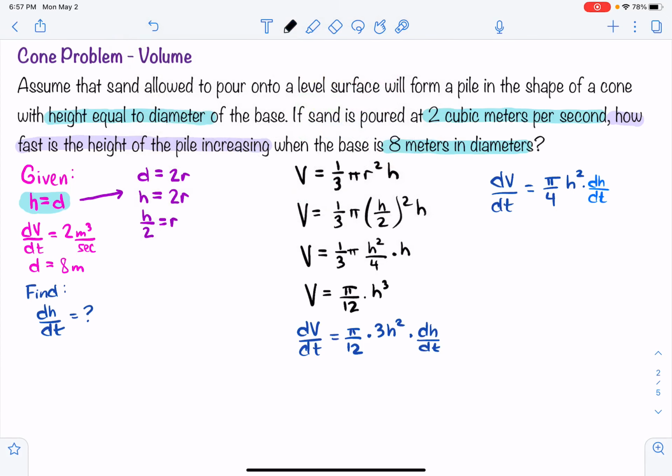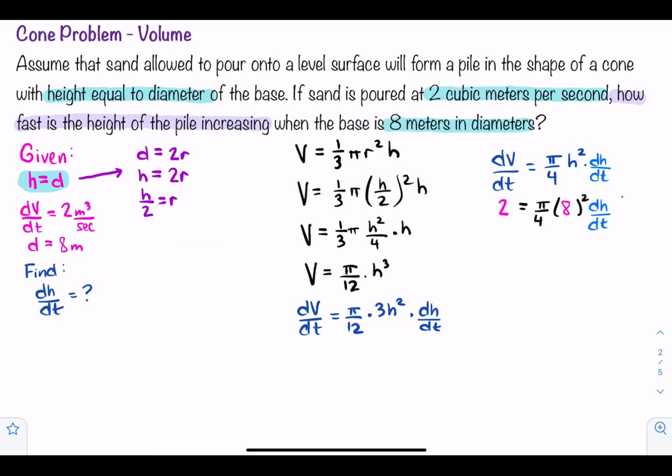All right, and now we can plug in everything that we know. When I plug it in, my height is 8 since the height and diameter are the same, and we knew the diameter was 8. And now if we simplify, we have 2 equals pi over 4 times 64 times dh over dt. 64 divided by 4 is 16.